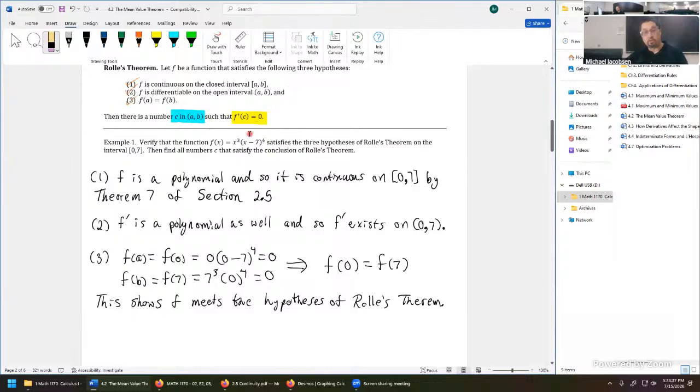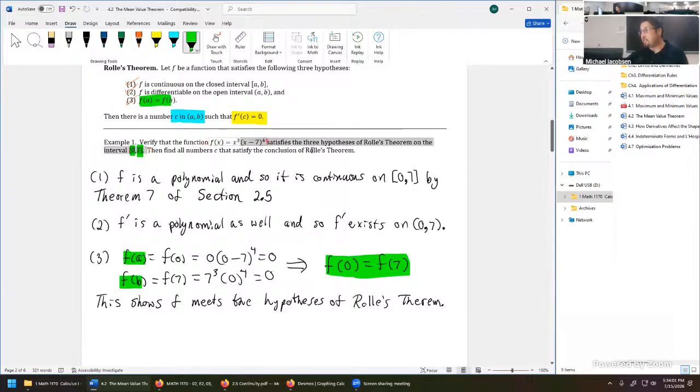And for this particular polynomial, if you evaluate f at 0 and f at 7, it comes out to 0 on both, which tells us f of 0 is in fact equal to f of 7. That was the final hypothesis we had to check.